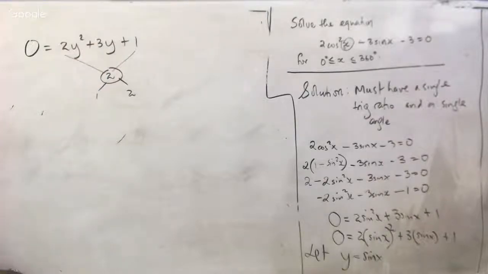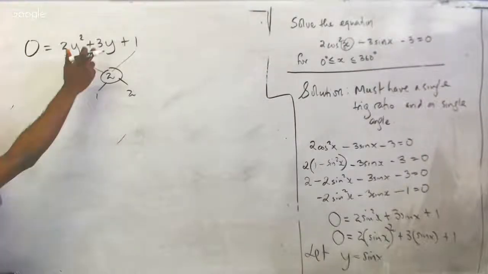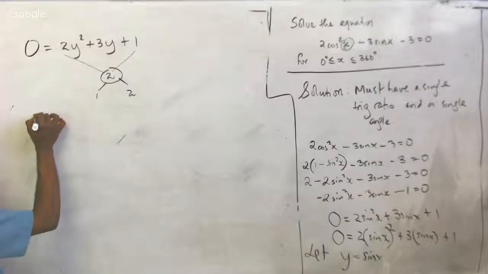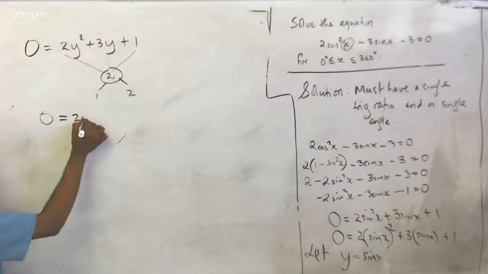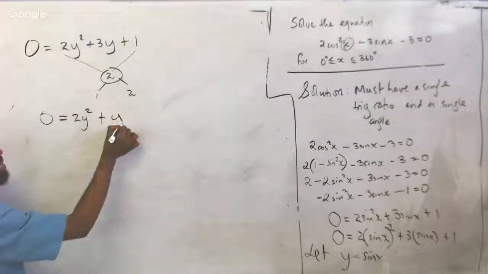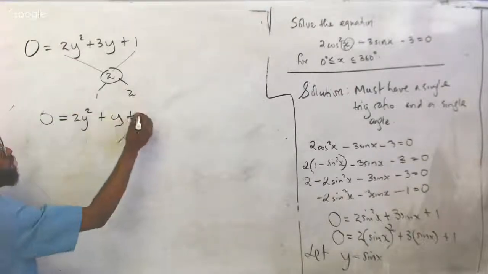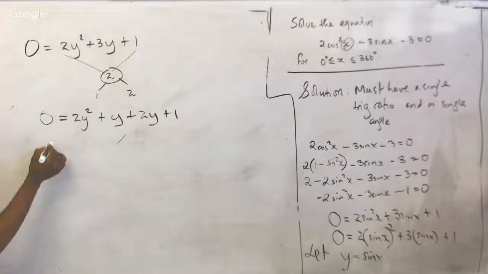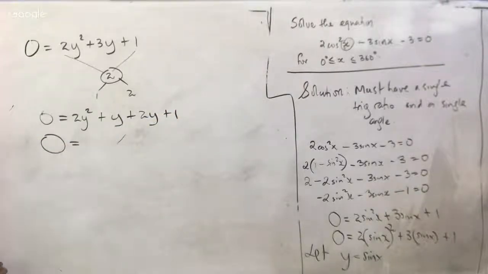Whichever factors can be added or subtracted to give me the middle term, that's the one that I want, right? Then this becomes 0 equal to 2y squared. So I'm rewriting the middle term using these two, plus a single y, plus 2y, plus 1. Right? I hope it's all coming back to you now, right?